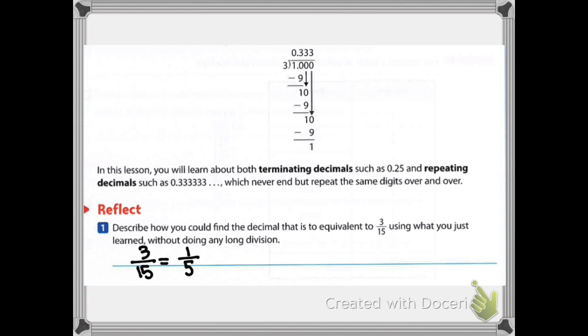What can I do with that so that it looks like something that would be easy to change to a decimal? Well, I know that if it's over 10, it's easy to write as a decimal. So if I multiply the numerator and the denominator both by 2, it's going to be a whole lot easier for me.